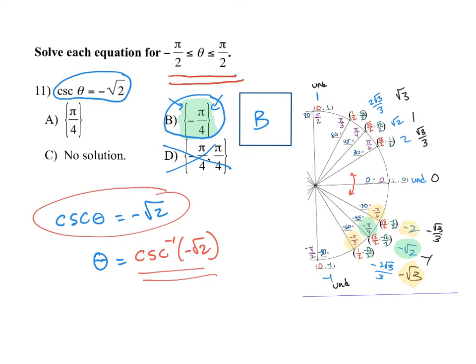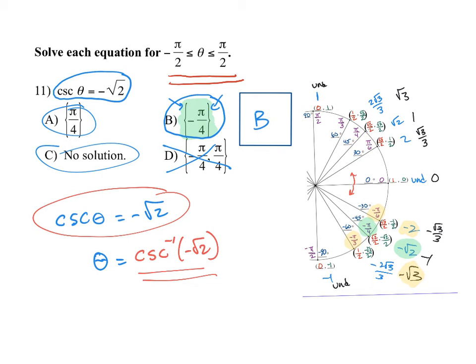Just ignore it. Now, this one could be possible, except that we found out it wasn't. And no solution is also possible, right? Because of those undefined ones or other numbers that aren't on our chart, you'll see no solution might be an option. But for this problem, we found it on the chart. It was negative pi over 4, and the answer is B.